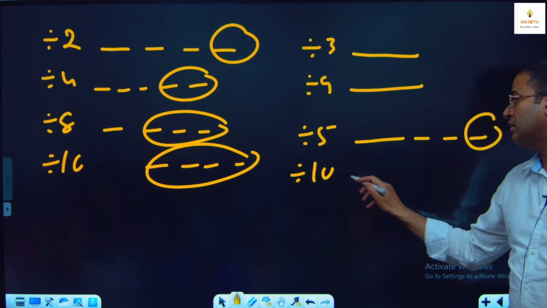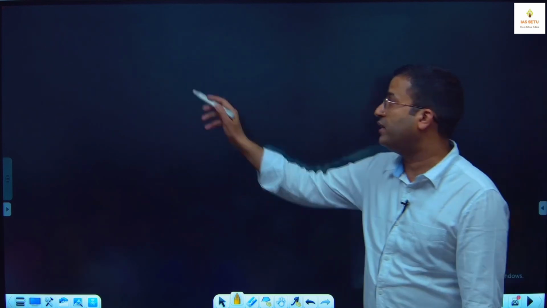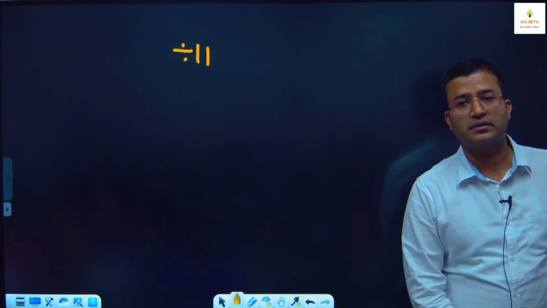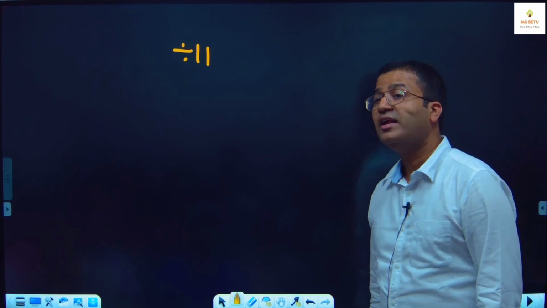Divisibility of 10, last digit has to be 0. Divisibility of 11, this is like the Hanuman Chalisa, you cannot remember it right now. If the difference of the sum of the odd place and even place digits is 0 or a multiple of 11, it is divisible by 11, otherwise not.